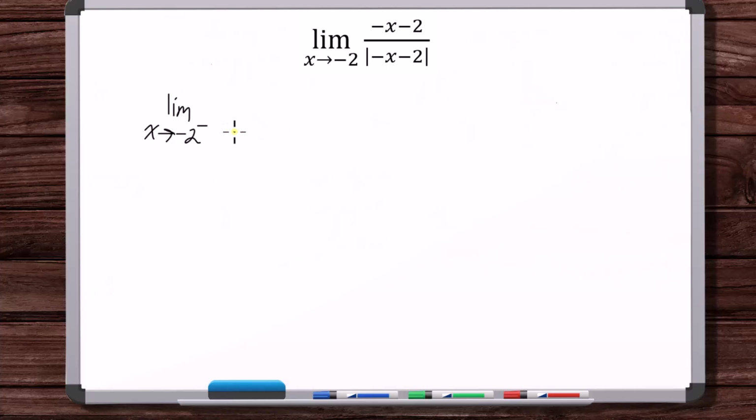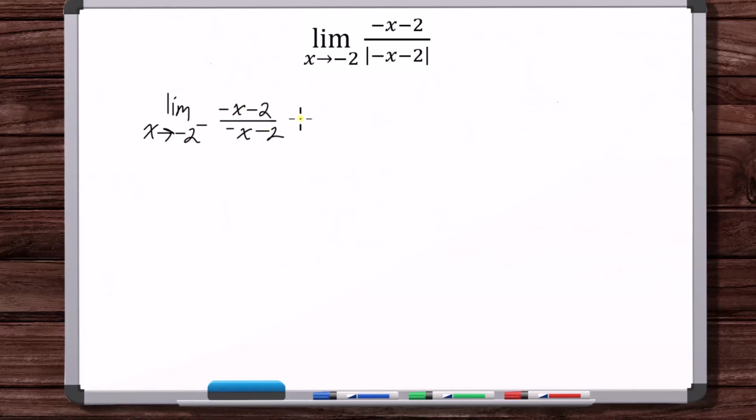So we can just remove the absolute value. Now these just cancel, and you're left with 1. So this is equal to 1.